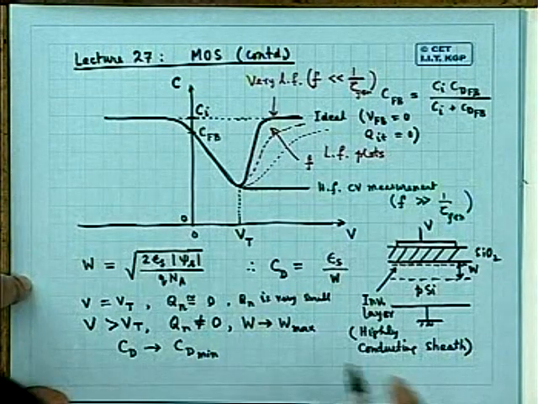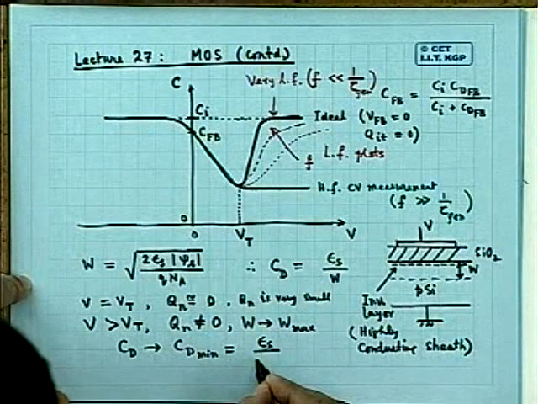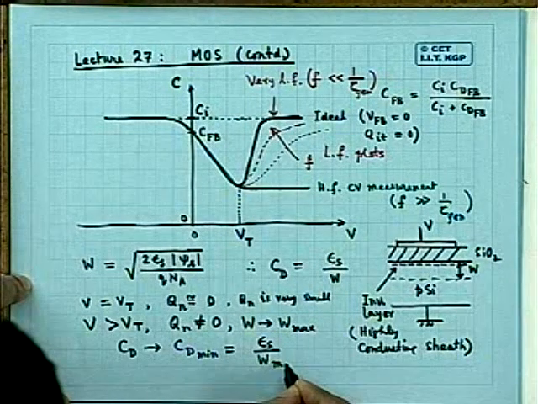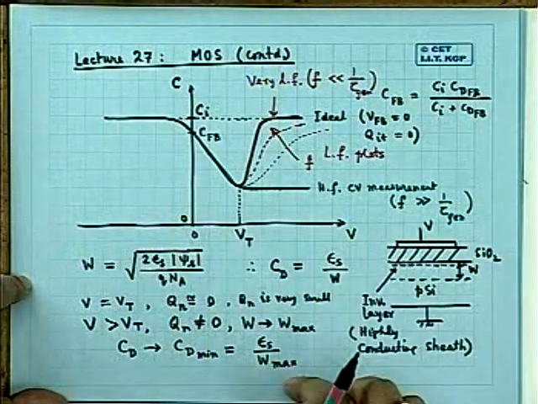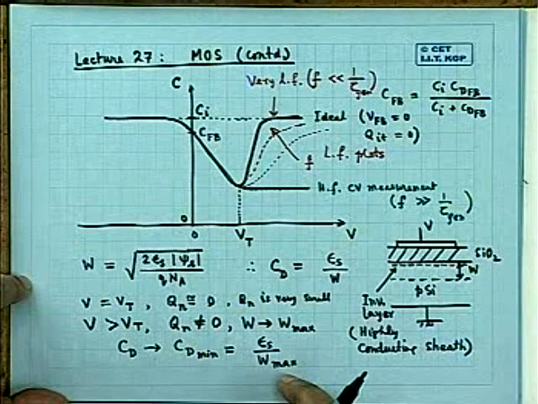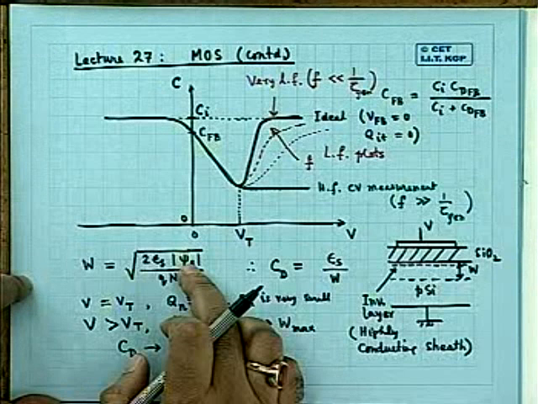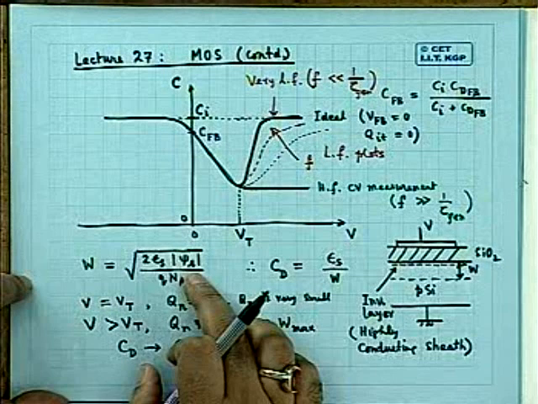And what is the value of that CD min? It is epsilon S divided by W max. Same equation. And what will be the value of W max? It is the W value for which psi s is equal to twice phi f. Because at psi s equal to twice phi f, the threshold has taken place.